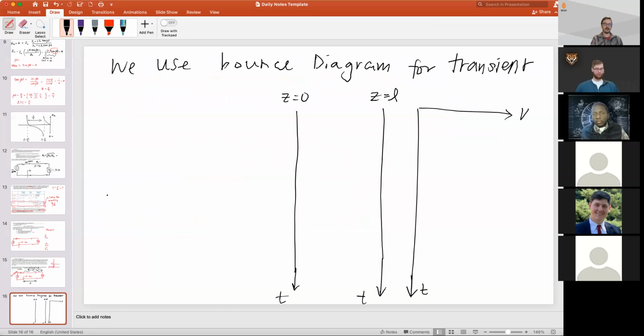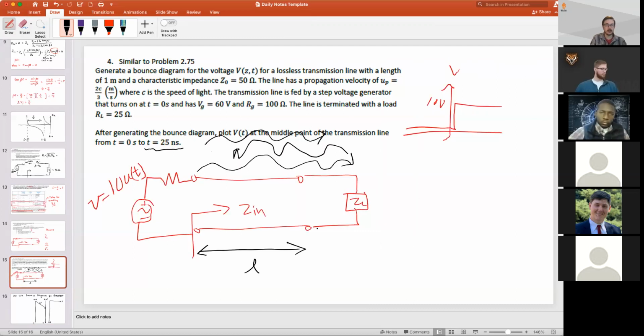What we know is that the wave is first going to come down here. We will call this V1 plus because it's propagating to the right, towards the load. Once it arrives at the end of the load, it's going to bounce back.